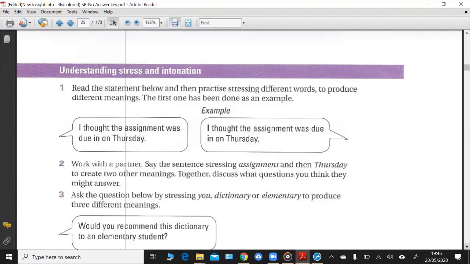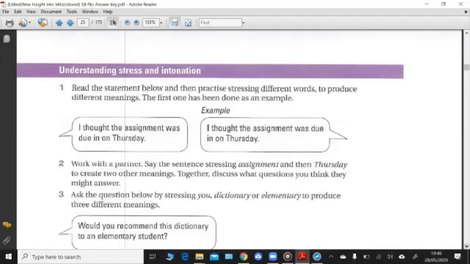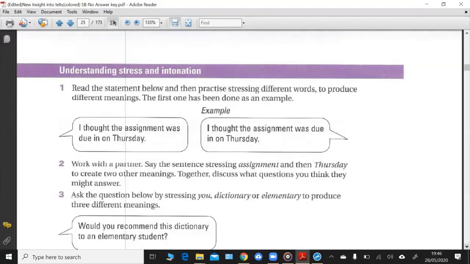And in the second sentence, put some stress on the word Thursday, and try to figure out: does it have a different meaning? Do both sentences make different meanings or the same? I mean, when you put stress on assignment, and in the second sentence you put stress on Thursday. Can you do it, please?